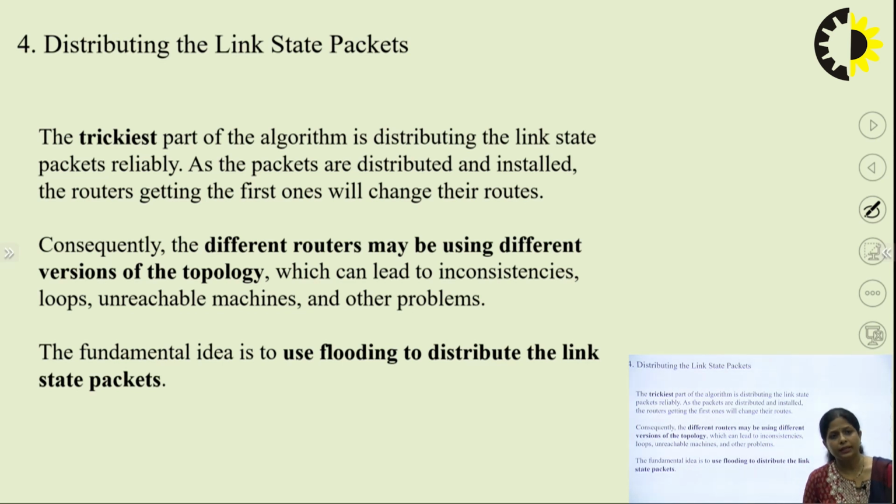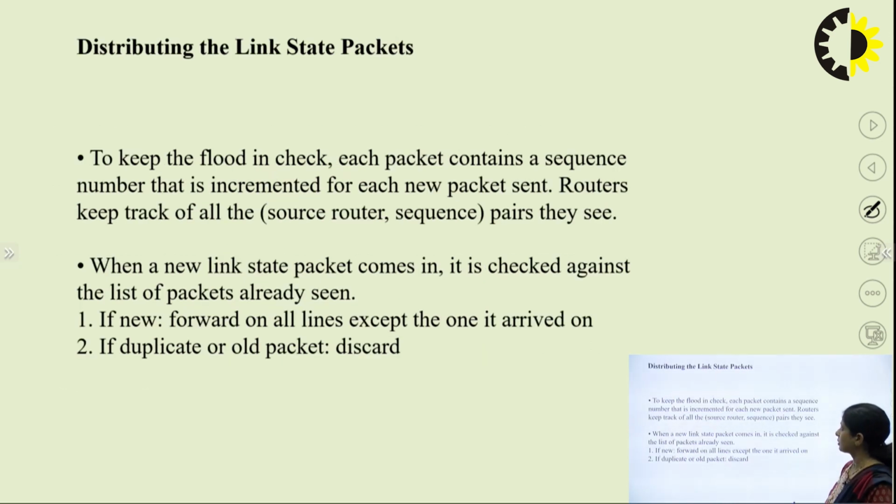The fundamental idea is to use flooding to distribute the link state packets, right. But how to keep a check on the flooding? To keep the flood in check, each packet contains a sequence number that is incremented for each new packet sent.